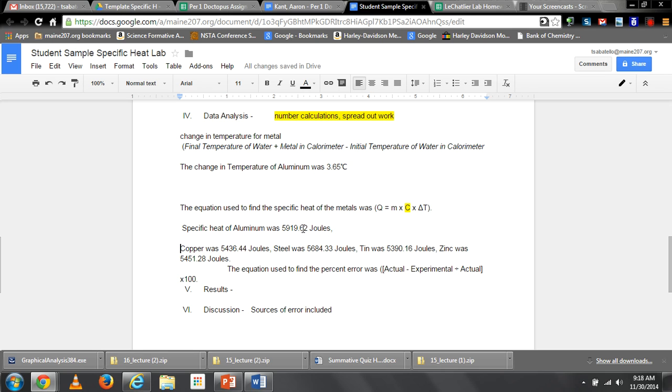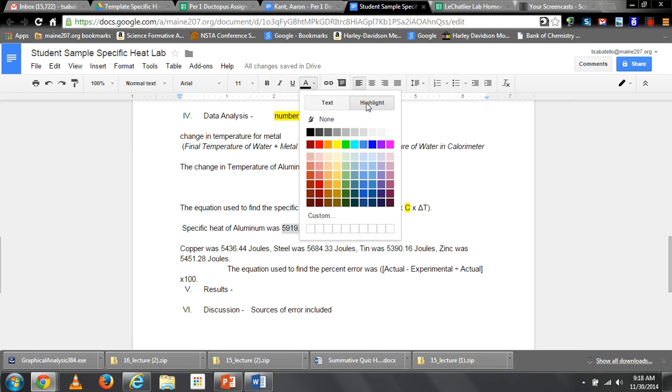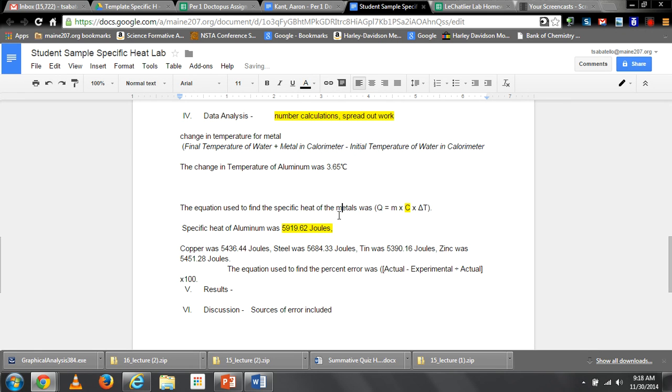Also, we don't know how the student calculated this value, so I can't give any points for showing work. In addition, nothing was mentioned about the water, which is key here since the water is going to be gaining heat and the metal loses heat.